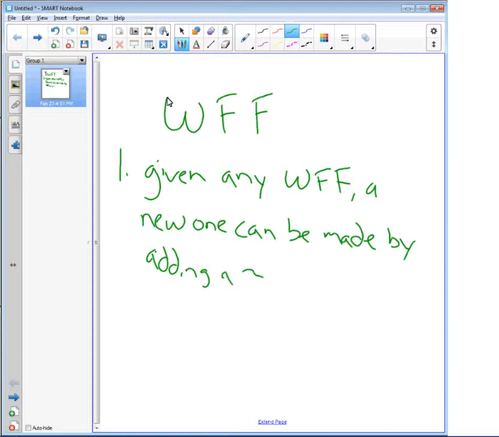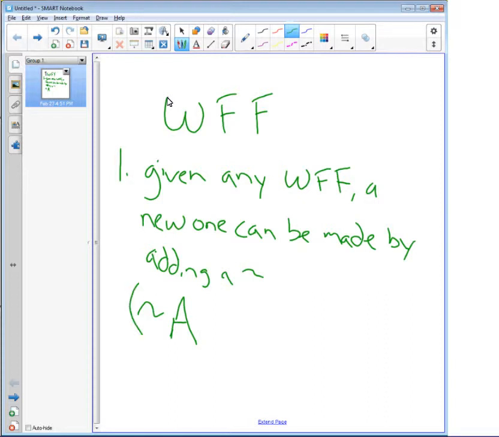So if you add a tilde to any well-formed formula, then that's a new formula right there. So let's say that A is our well-formed formula. If we put a negation in front of it, that's a new one. So the two formulas in negation A are A and negation A. And we can do that for any of them.